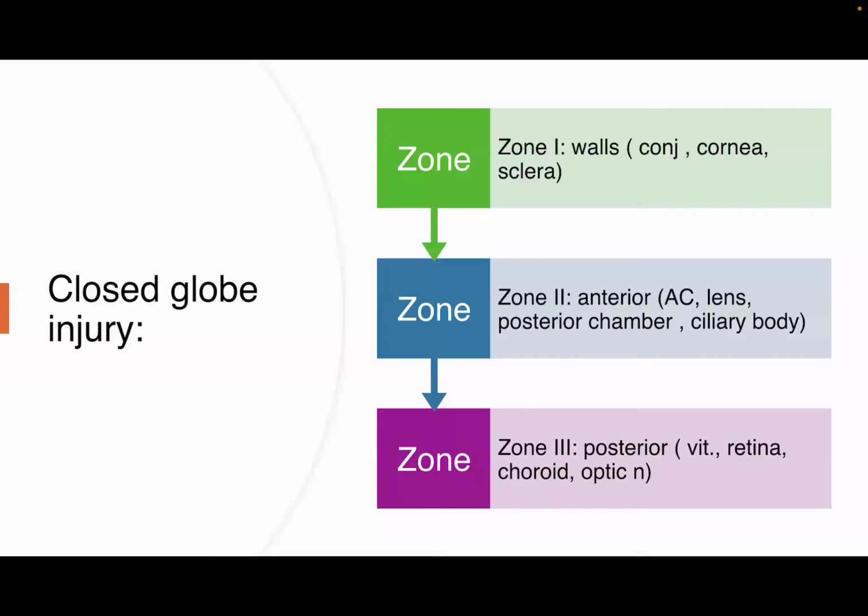Zone two starts from the posterior surface of the cornea or the sclera till the posterior capsule of the lens. All structures in this area are within the zone 2 injury. Zone 3 injuries are posterior to zone 2, which involve the vitreous, retina, choroid, and optic nerve.